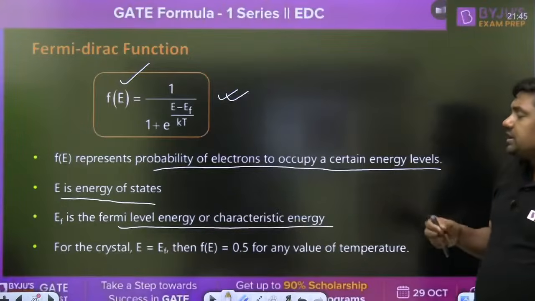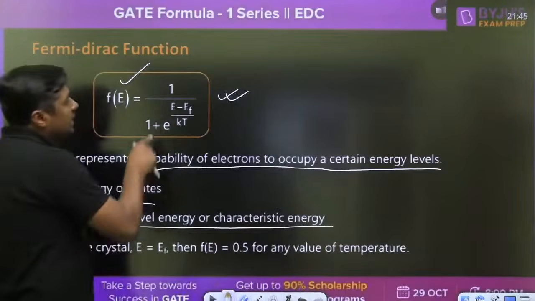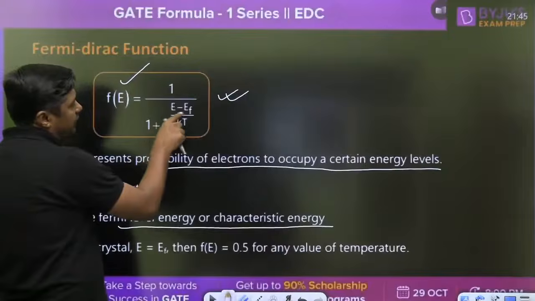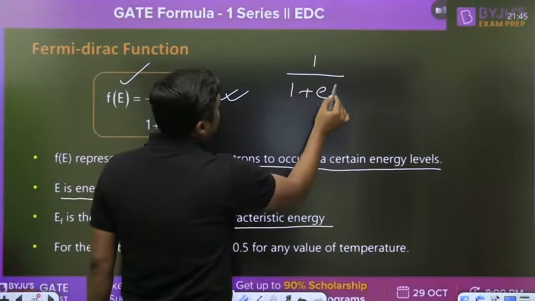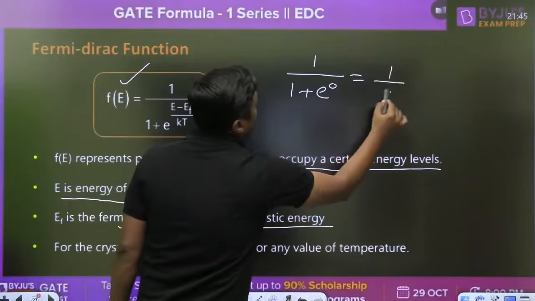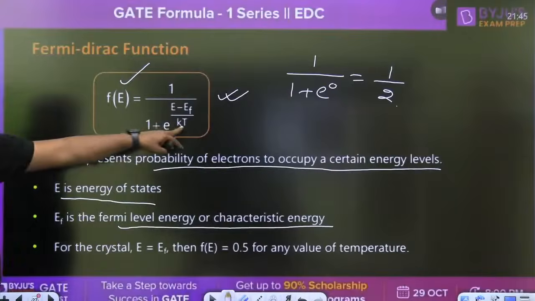And for any crystal, exactly at E equal to EF, what is the probability? If I put E equal to EF, it becomes e raised to power 0, that is 1, so the probability is 1 by 2. It is independent of temperature.